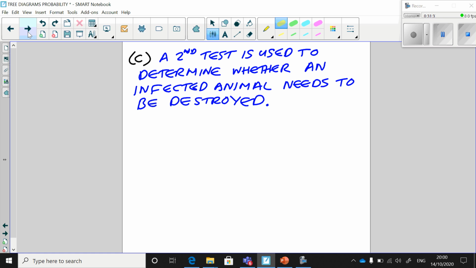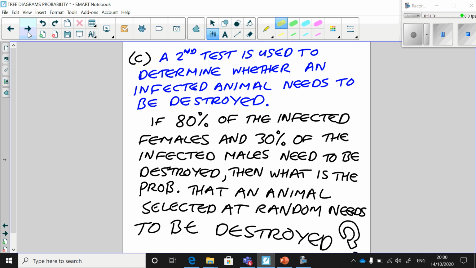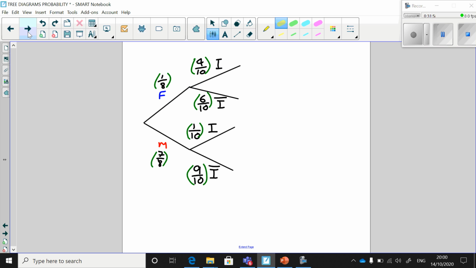So what they're saying here is 80% of the infected females and 30% of the infected males need to be destroyed. Then what is the probability that an animal selected at random has to be destroyed?